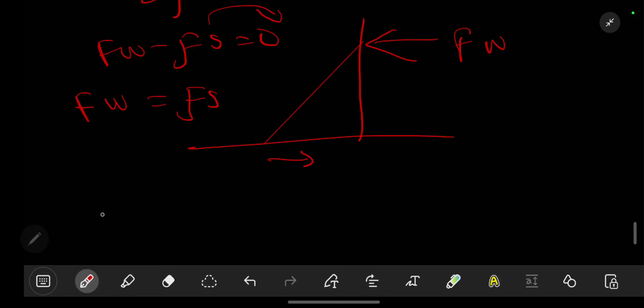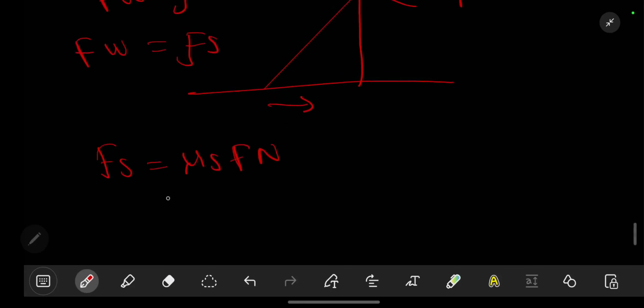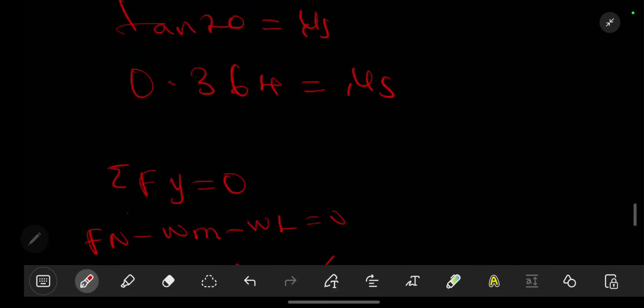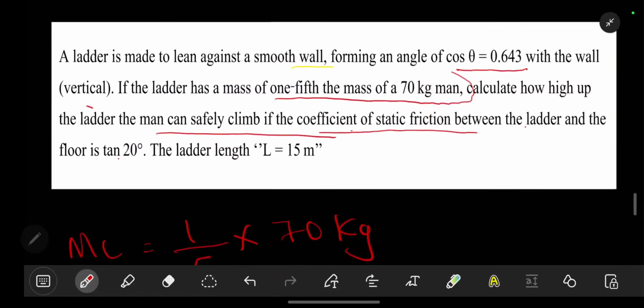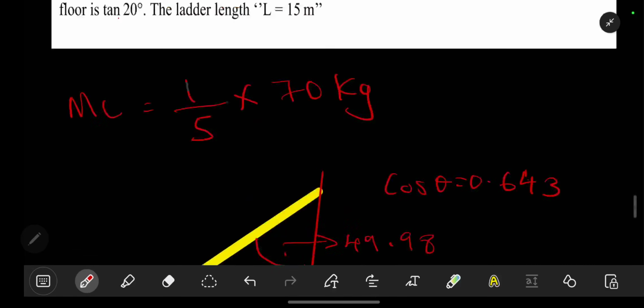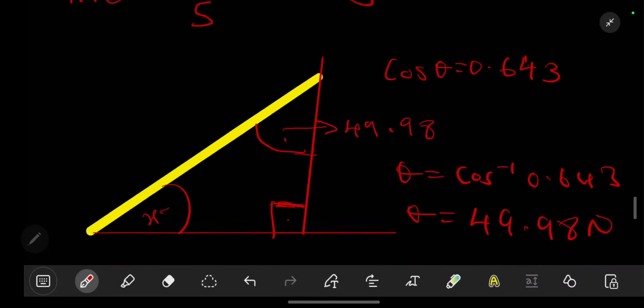And we know that Fs is equal to mu s times the normal force. We know the coefficient of static friction, is it the one we have been taught to find? Certainly not. So we calculated mu s, we found it's tan of 20.